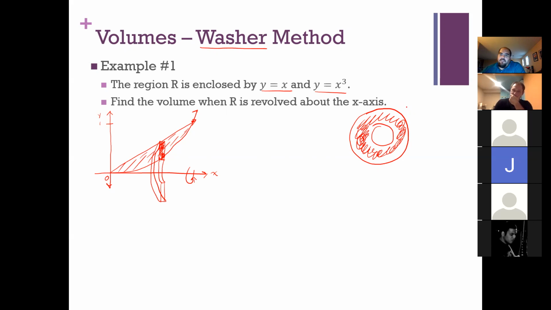So let's say hypothetically, we have an outer radius and an inner radius of this cylinder I've drawn over here. Let's say this outer radius is going to be 6, and this inner radius is going to be 2.